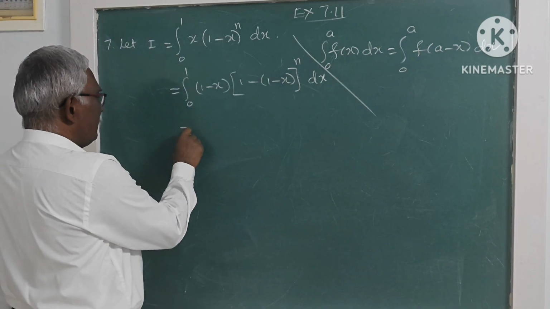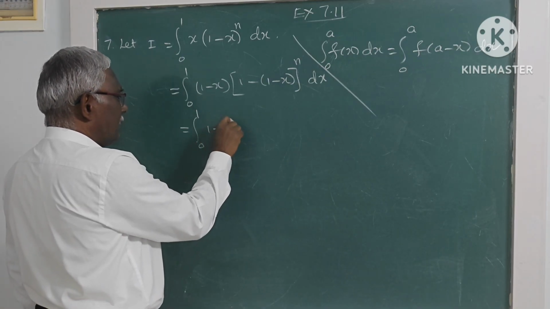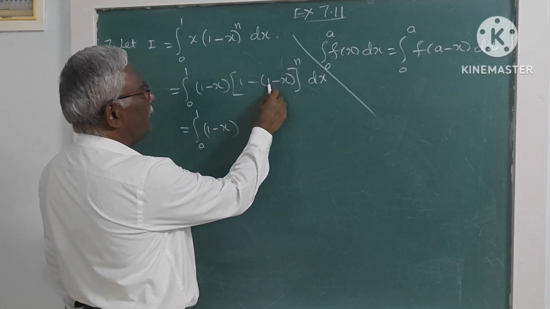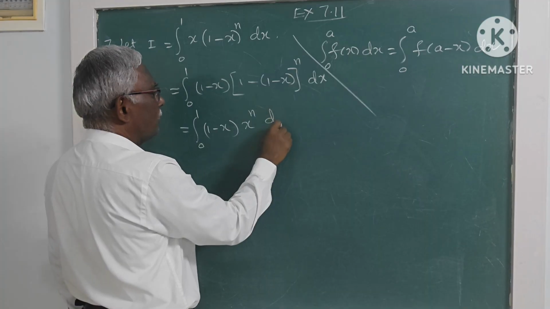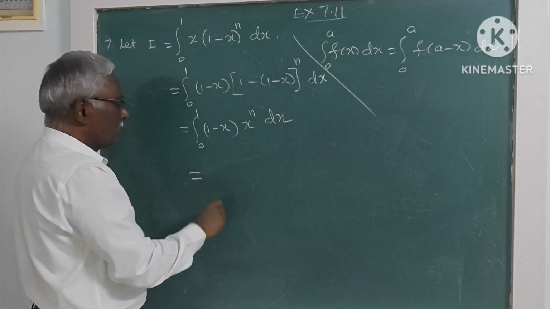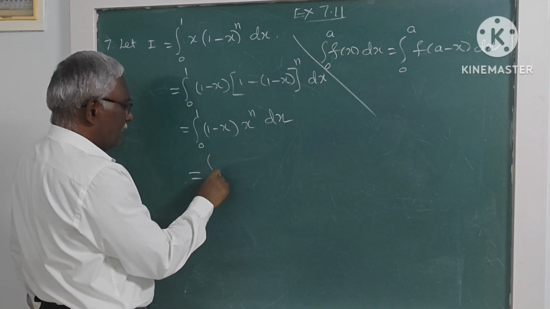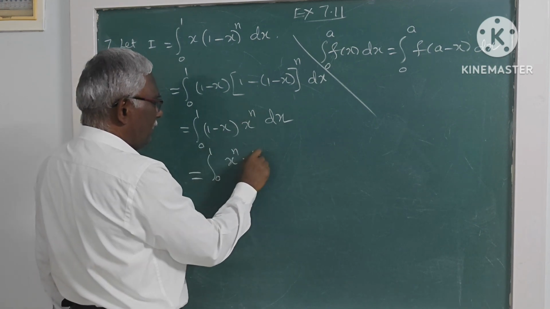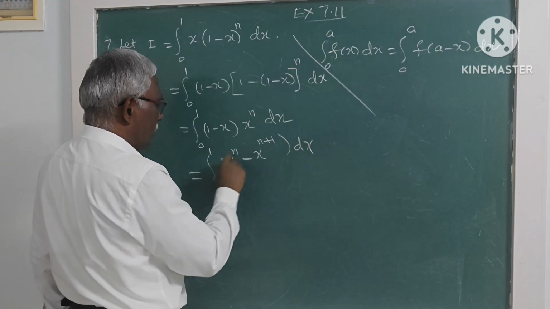Now this becomes integral 0 to 1, 1 minus x, here 1 minus 1 plus x. So this will become simply x power n dx. Now this is here. So integral 0 to 1 of x power n minus x power n plus 1 dx.